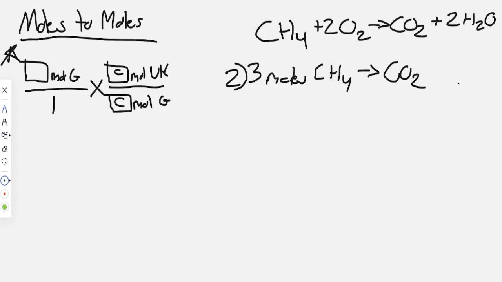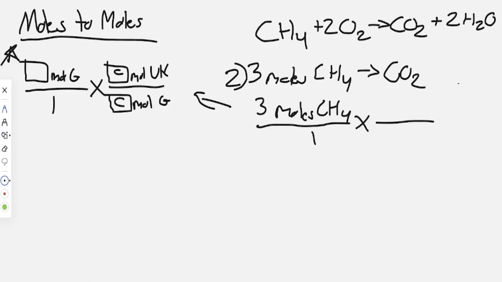To start off the conversion, we write our first fraction, which will be 3 moles of CH4 over 1, because that is our given. If you look back at the formula for the second fraction, we have to look at the equation to get our coefficients.